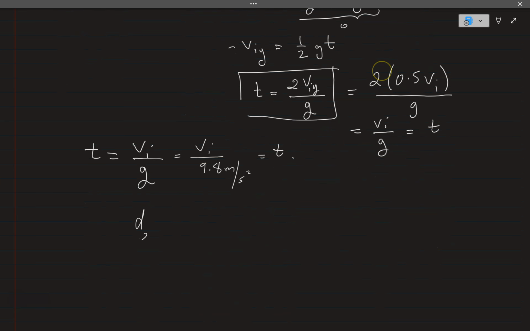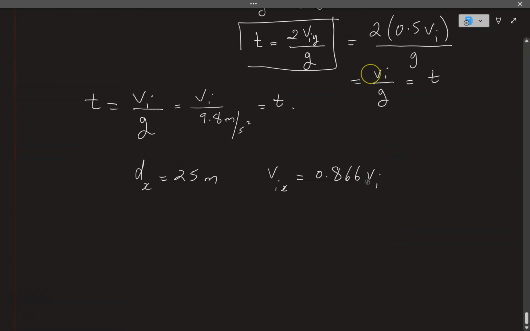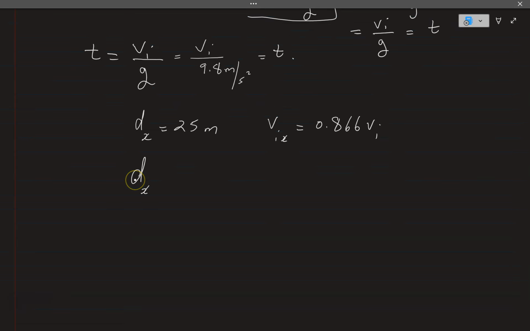So dx is 25 meters. VIX is equal to 0.866 VI. And now we can just go ahead and substitute using dx equal to VIX times t. We're going to write the equation.